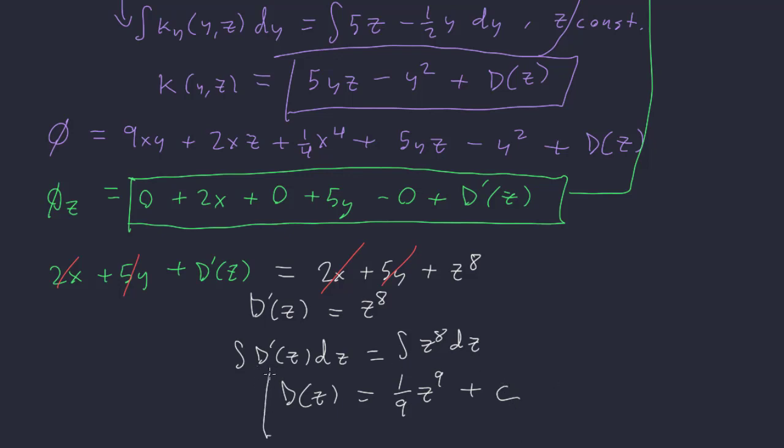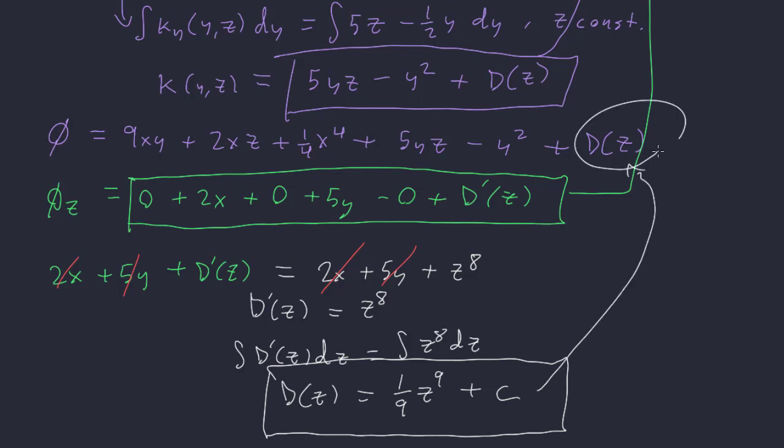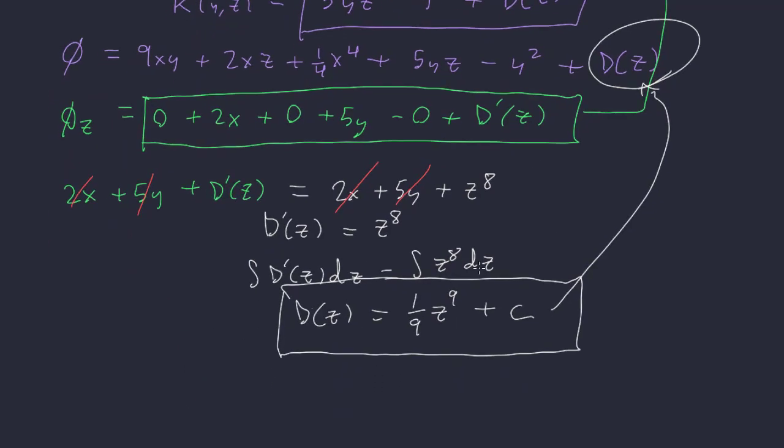And then we can finally plug this guy back into, this d of z to get our final phi, right? Our final phi of xyz. And so you might notice the way I always do this, when I get to the final phi, I always make it phi of xyz.